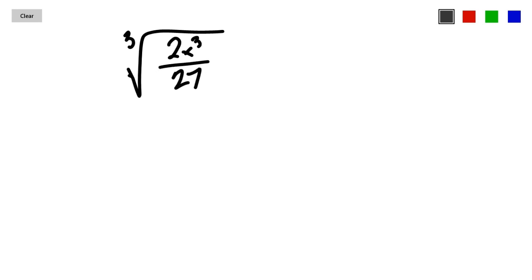Let's say that I had the cube root of 2x cubed divided by 27. So again, I can rewrite this fraction as a fraction of the roots of the top and bottom. So this is the same as me writing the cube root of 2x cubed divided by the cube root of 27.